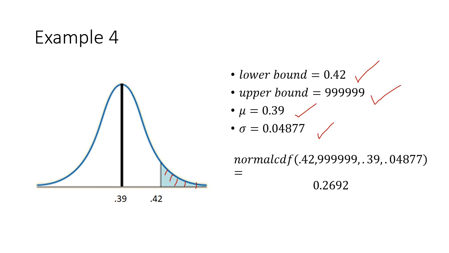We type that in, and I get 0.2692. Now remember, we want to know whether or not that's unusual or not. And so, if I move the decimal place over 2 spots, that happens 26.92% of the time, which is definitely bigger than my 5% threshold, or my decimal is bigger than 0.05. So this is not unusual.